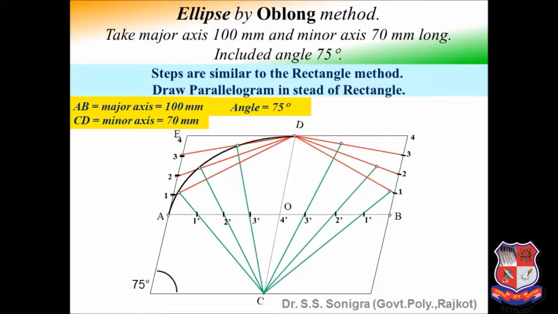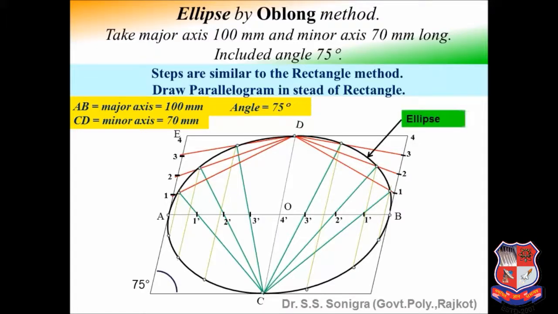Now join all these points with a smooth curve, and that is the semi-ellipse of given dimension. Now project these points on the bottom side. You can do the same exercise, or directly you can project by drawing parallel lines to CD and join all these points. So that is an ellipse by oblong method.